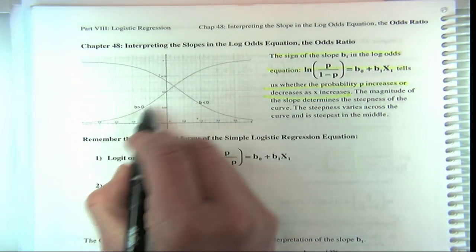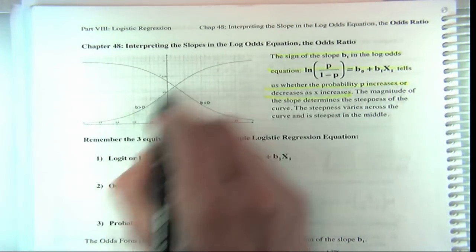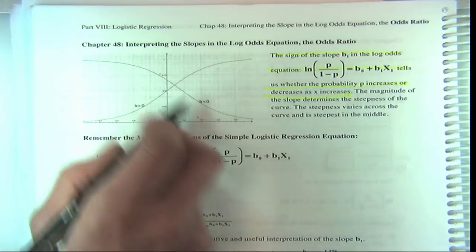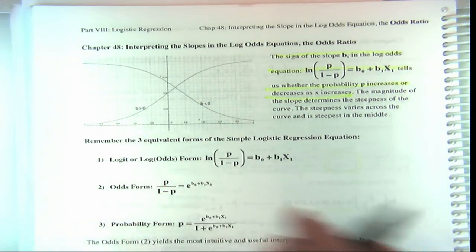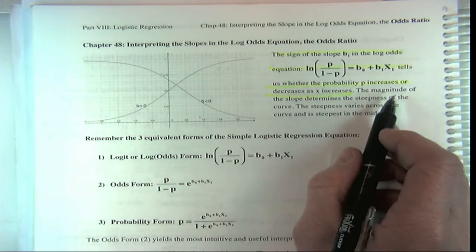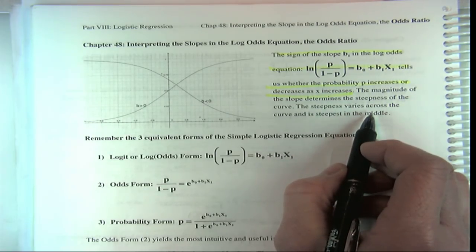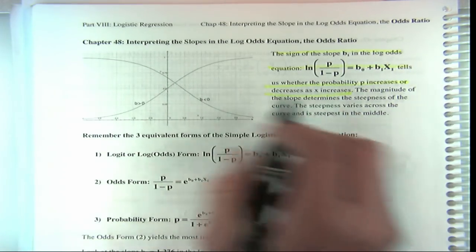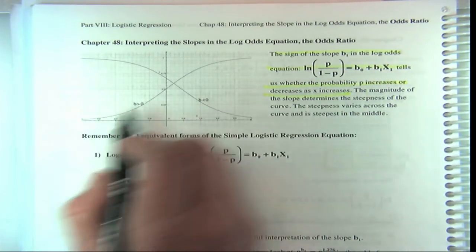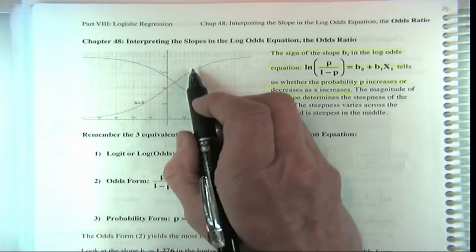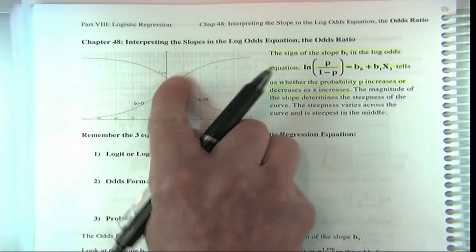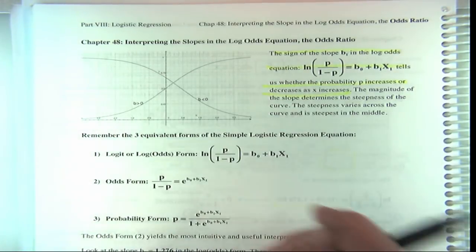So we've been looking at it where it's increasing. We have a positive slope. If it was decreasing, we'd get the same thing with the negative slope. And the magnitude of the slope determines the steepness of the curve. And look at this. The steepness varies across the curve, and it's least steep at the ends and most steep in the middle. Most steep right in the middle in both directions.